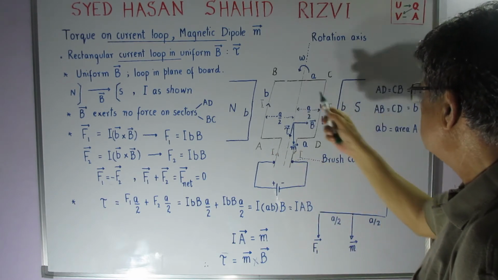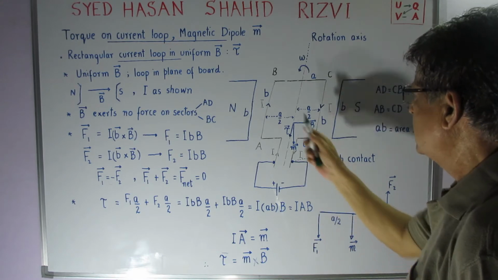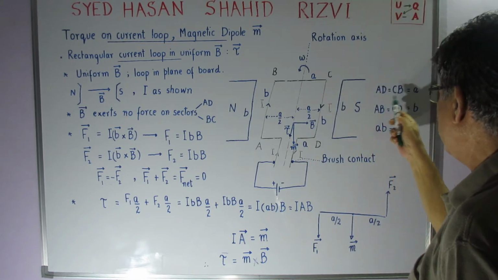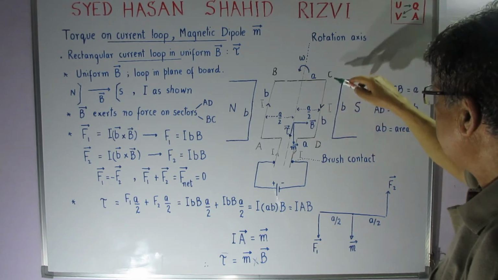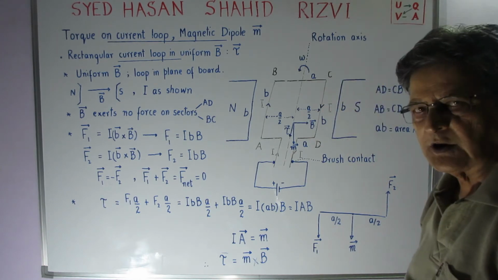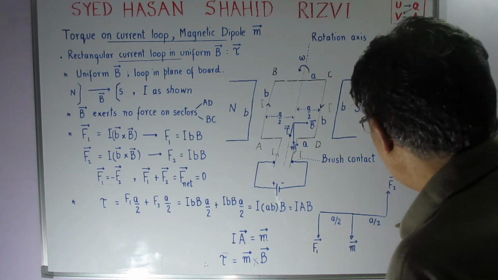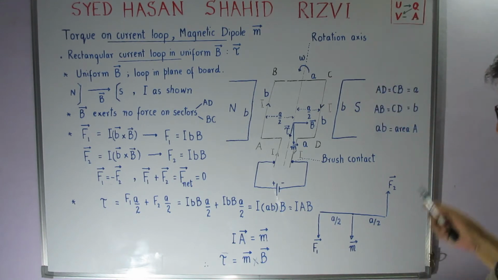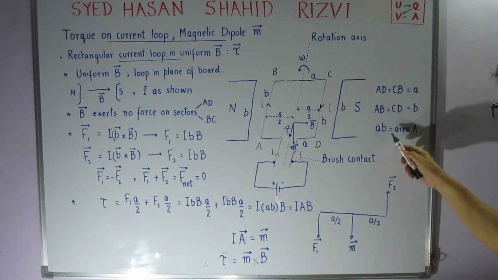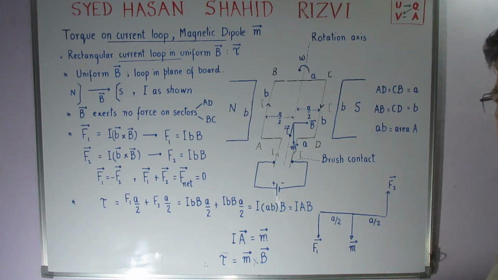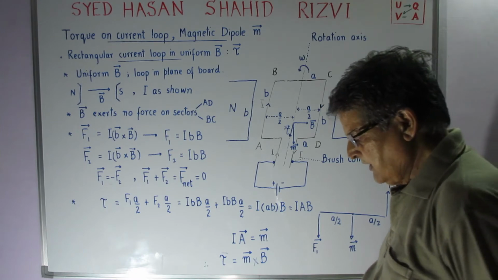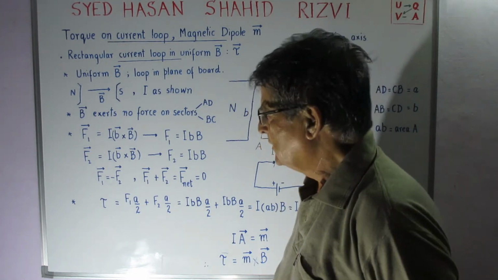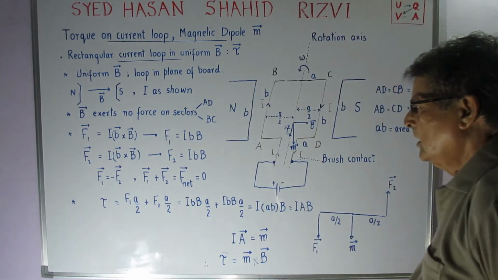AD and BC are equal to a, and AB and DC, or CD, are equal to b. Because it is rectangular, therefore a into b will be equal to the area A, and we know that the surface area is a vector element. That we'll talk about when we go on.